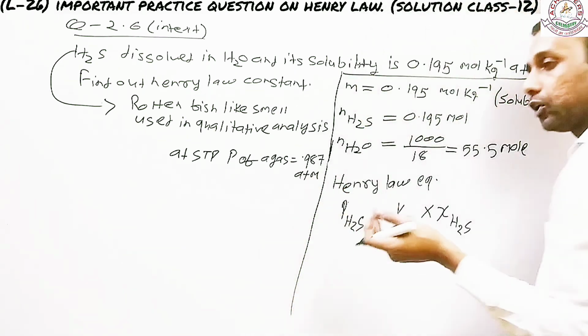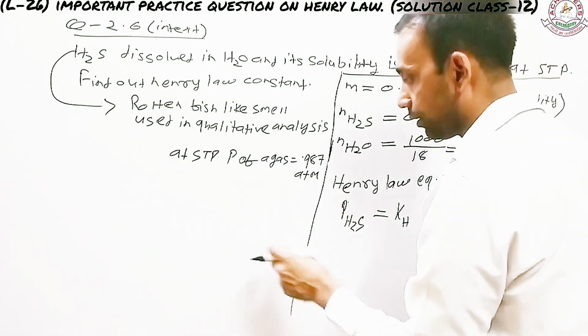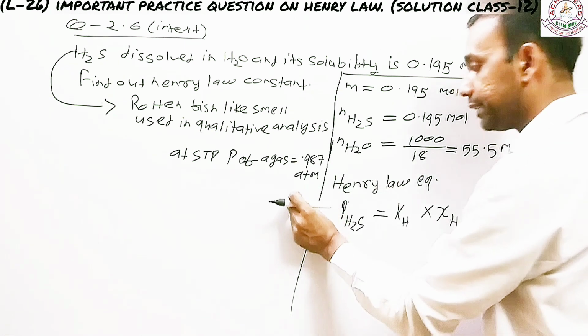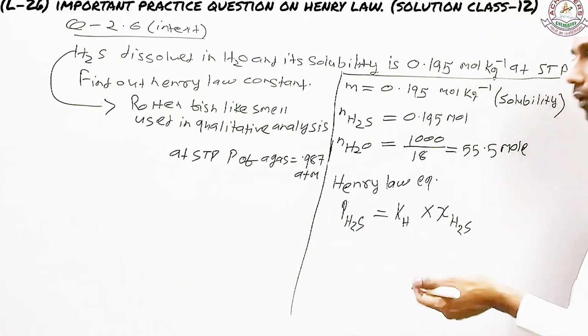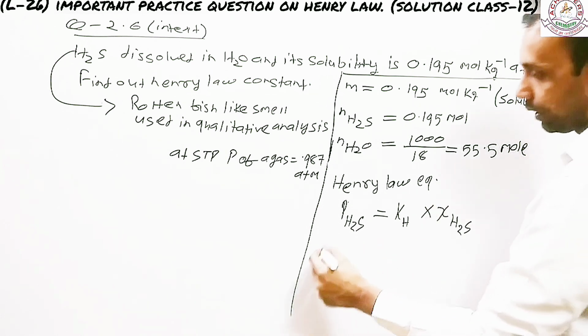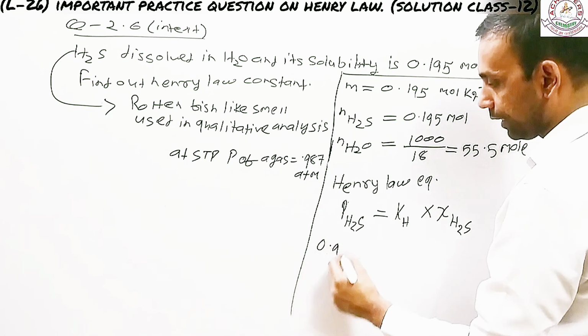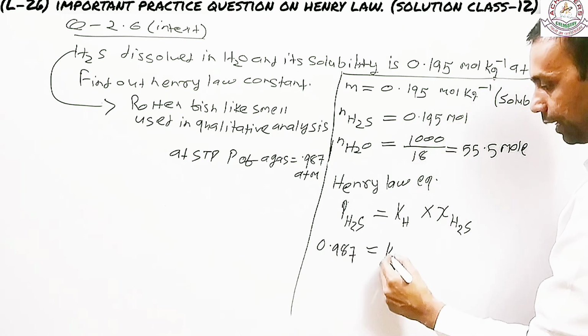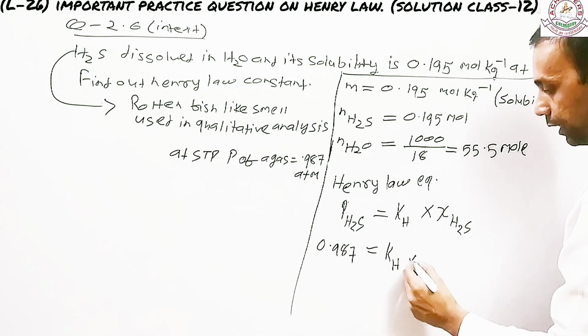It's also going to be like 1 bar, and also 10 to the power 5 Pascal. But right now I'm using 0.987 atm. I can also use 1 bar or 10 to the power 5 Pascal, because that's exactly the same. So I'm using 0.987 equal to KH, which we have to find out, multiplied by X of H2S.